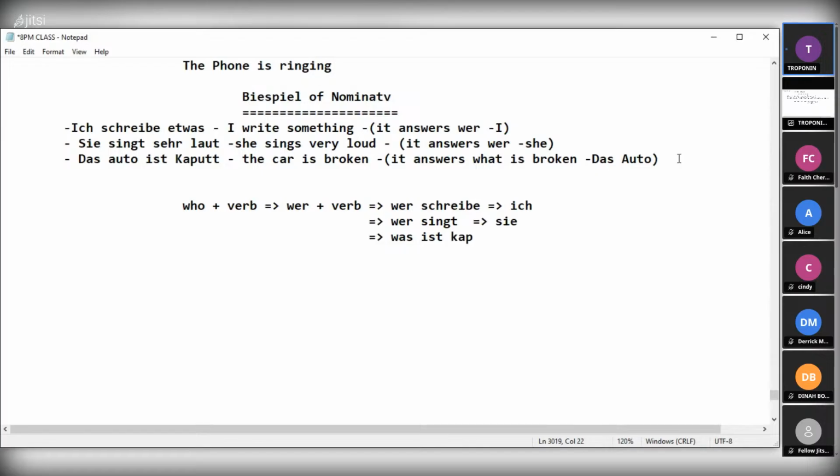Just one word, kaputt. Was ist kaputt? So here is das Auto.